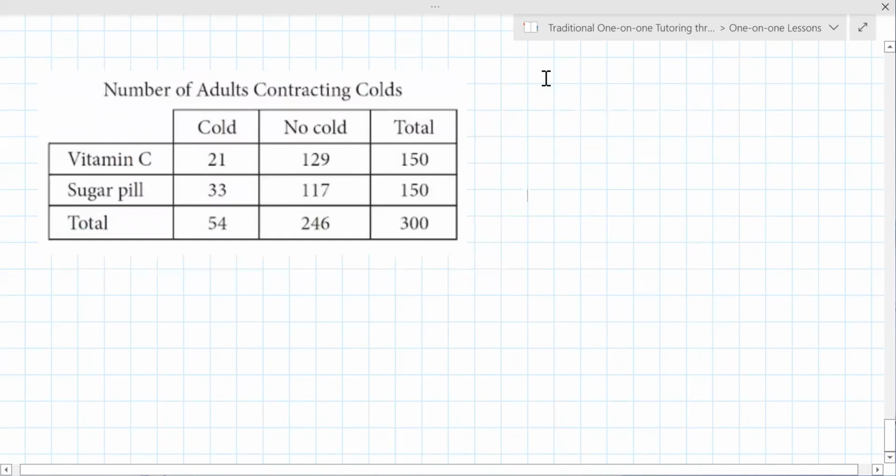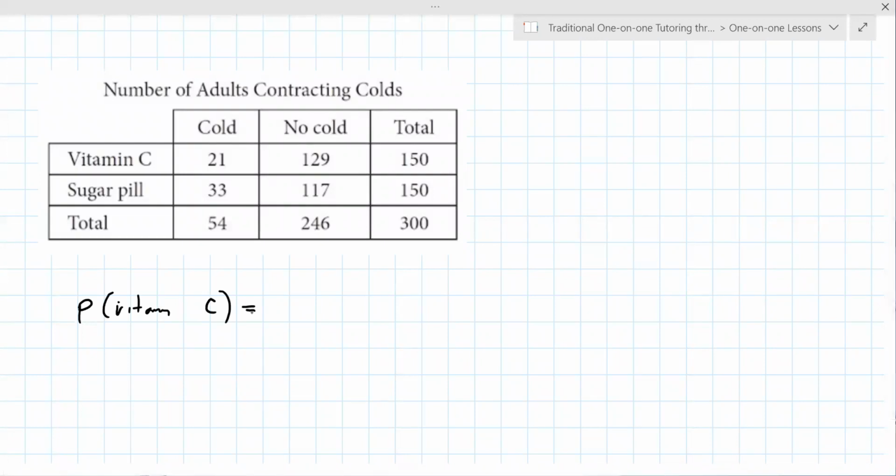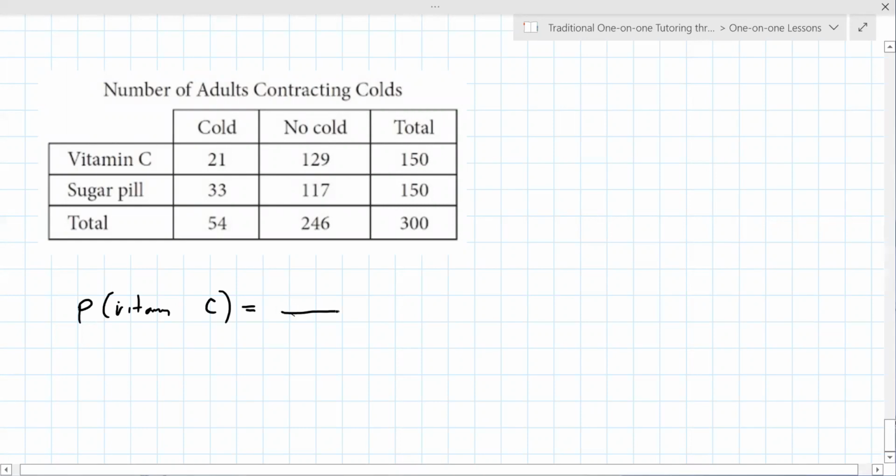The most basic probability questions they could ask you would be something like this: the probability of vitamin C. So how many vitamin C's out of the total? 150.